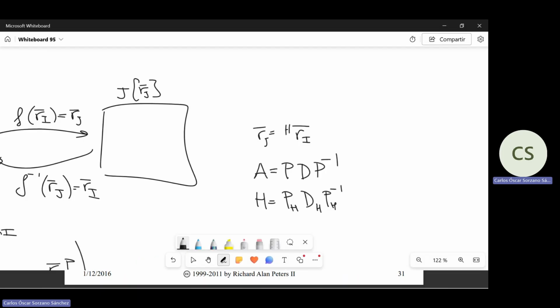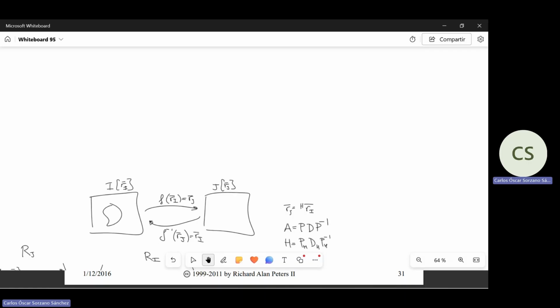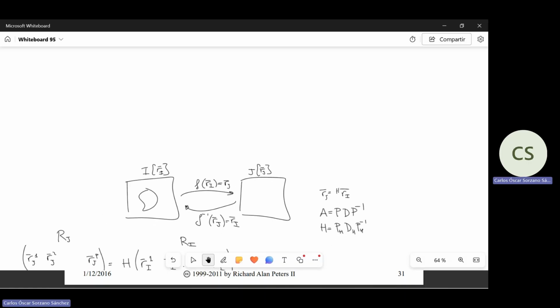The rotation matrix. Actually, we can reuse this drawing. Let's say that what you want is to rotate this image in one direction, so that our transformation is Rj equals H Ri.